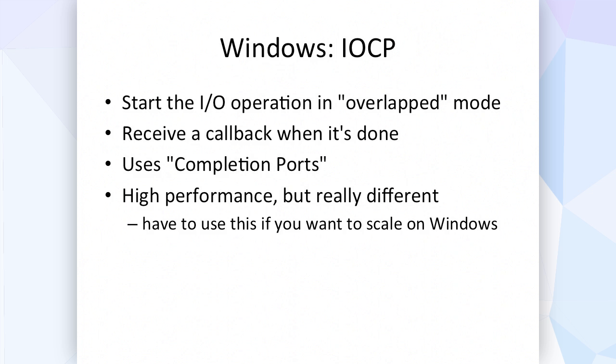But that function is called when the I/O is done, when the bytes that you were reading are actually in your buffer, or when the bytes that you had in your buffer that you wanted to write have actually been transferred into kernel space. What happens to those bytes after they're in kernel space is none of your business. So this is a really high performance approach to asynchronous I/O, just like epoll and KQ are, and it's very different. You have to use it on Windows if you want to write a scalable server.